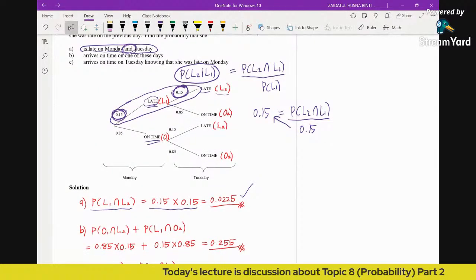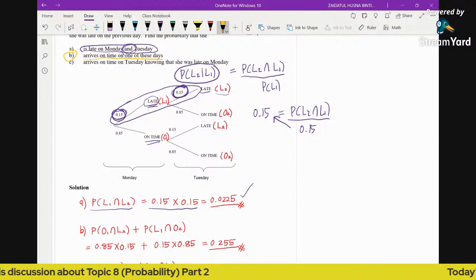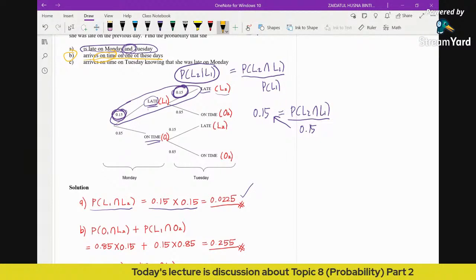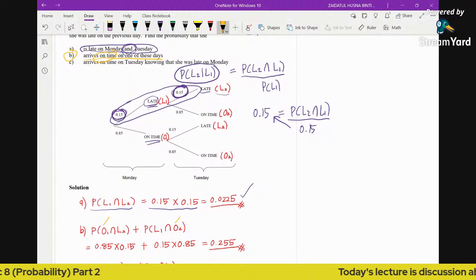Okay, then next, B. Find the probability that she arrives on time on one of these days. One of these days means either she arrives late on Monday and on time on Tuesday, or on time on Monday and late on Tuesday. I use O to represent the event on time.